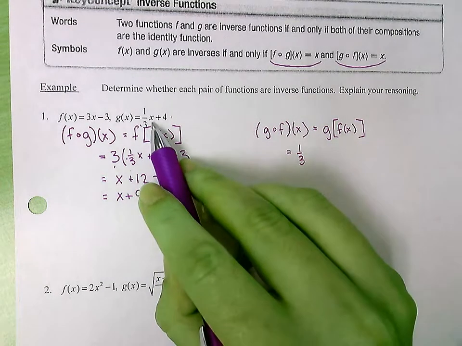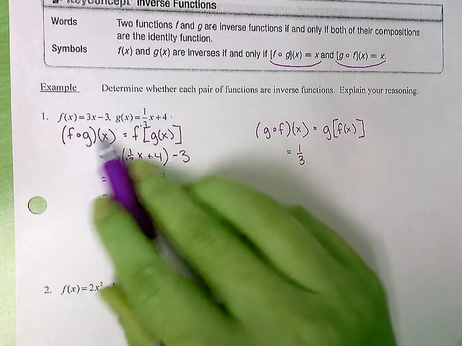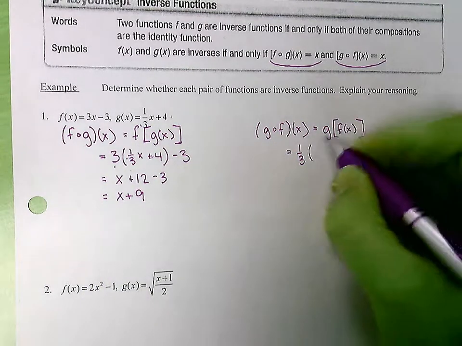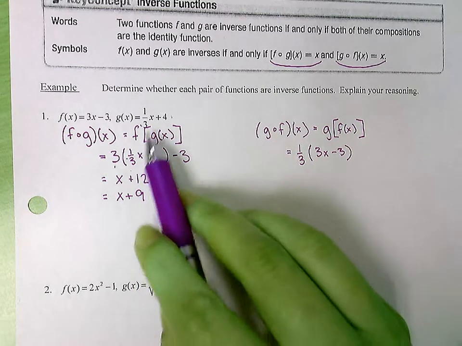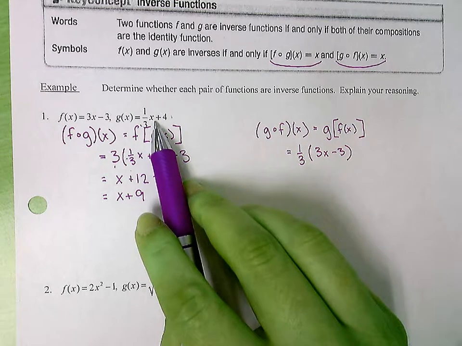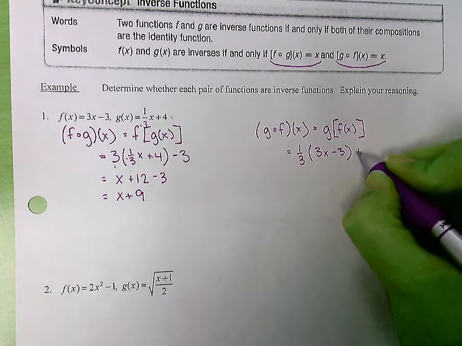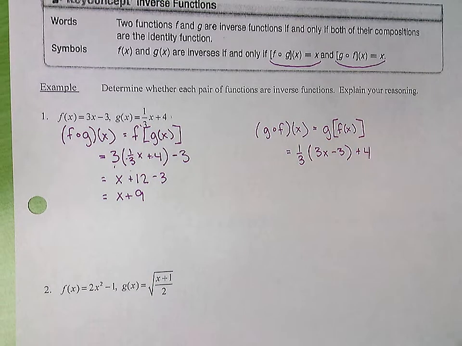Then I have that x value, which I want to replace with that f of x function. So plugging in 3x minus 3. That was the end of that x. Now I can add on 4 to finish off that g of x function. It's coming back to you from when we did this before.